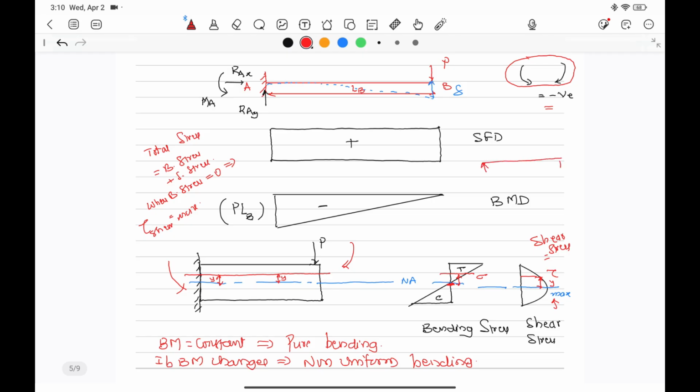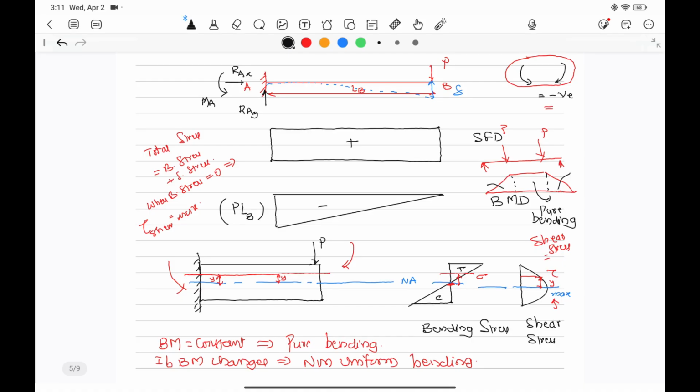For example, a simply supported beam with two loads P and P at the same distances, then BMD will be like this. In this portion where shear stress is 0, this portion is called pure bending. Please remember this concept also. Here it will be non-uniform bending, here it will be non-uniform bending.